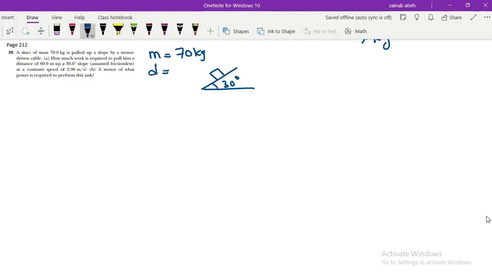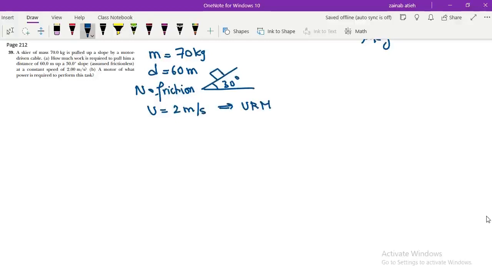This is 60 meter, and we have no friction, so there is no friction. The speed of the skier is v equals 2 meters per second. It has a constant speed, so its motion is URM. It's moving in uniform rectilinear motion.